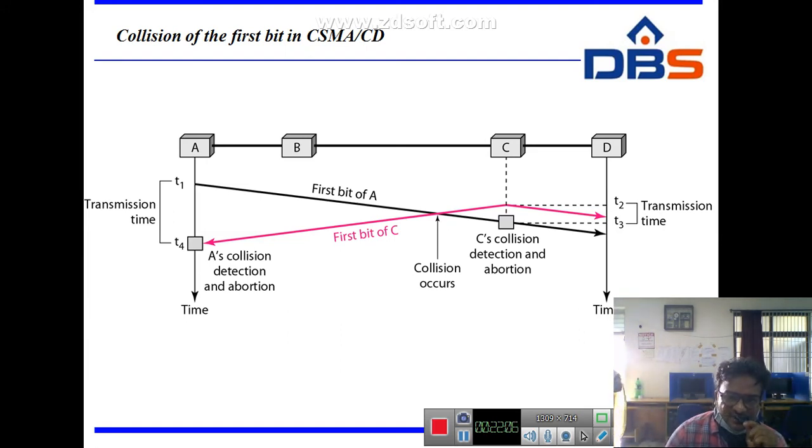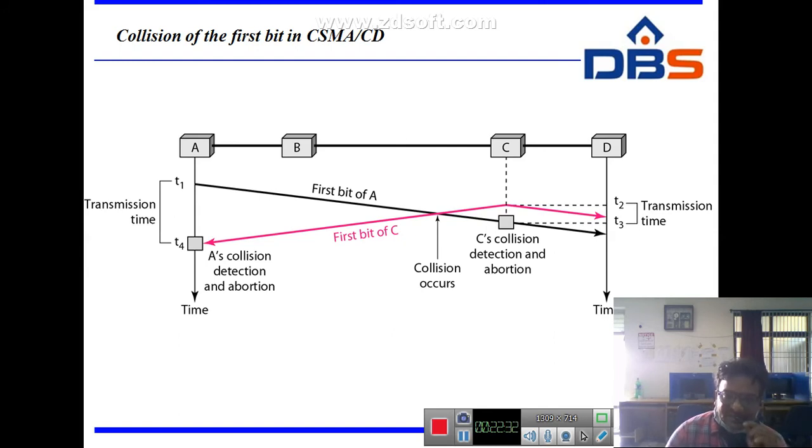If another channel releases data at the same time, in between, that will reach from A to B. So definitely a collision occurs. Whenever data crosses from one channel to another channel, the collision will occur.